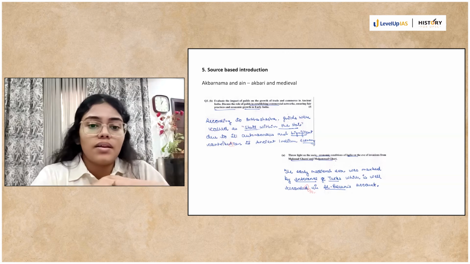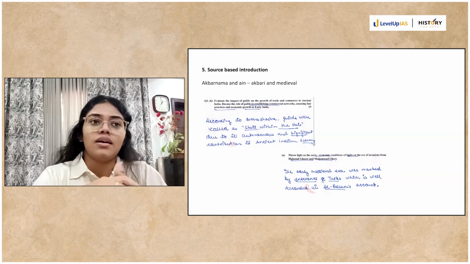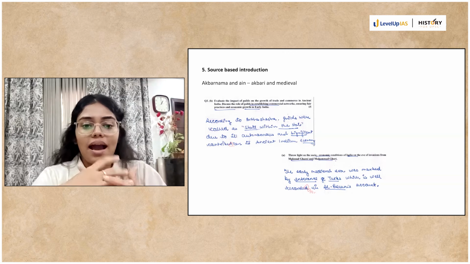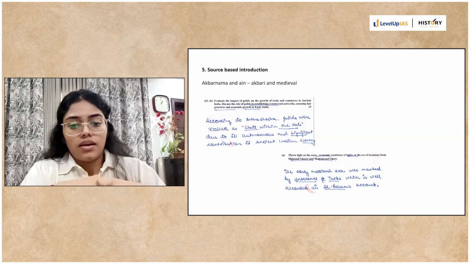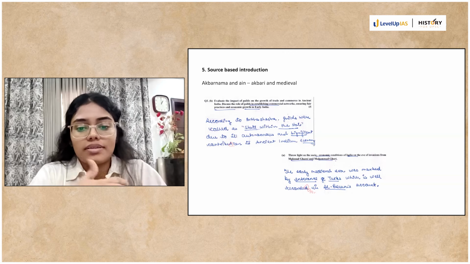So for example, agar kuch bhi question medieval India पे आता था, I used to quote Akbarnama, Ain-i-Akbari. Whenever you use such things, it adds value to your answer. So I have already given some examples, like throw light on socio-economic conditions of India on the eve of invasions from Mahmud Ghazni and Mahmud Ghori.